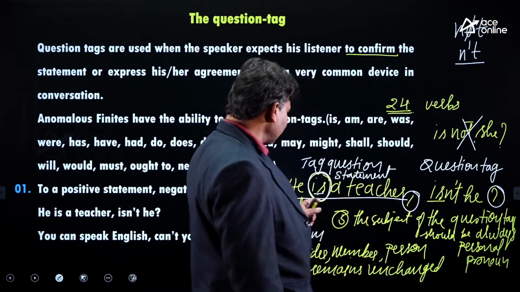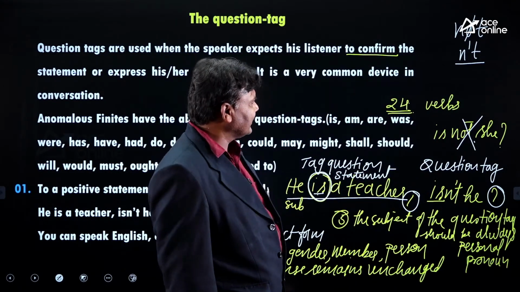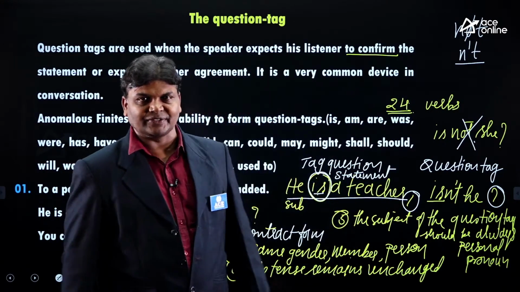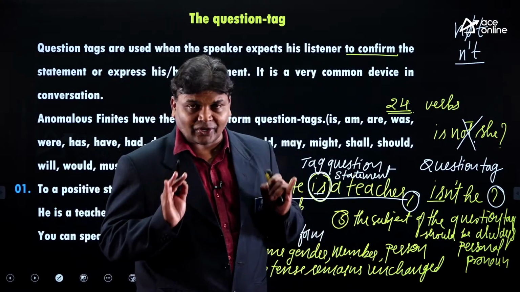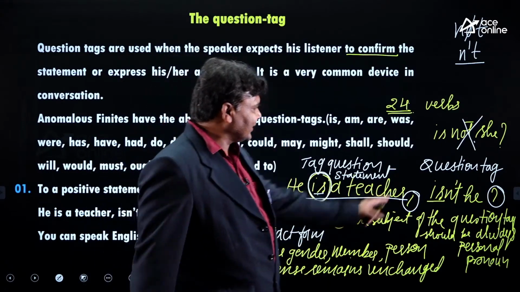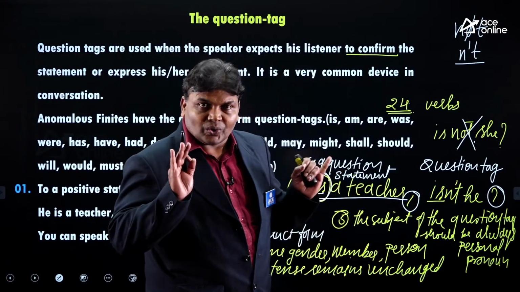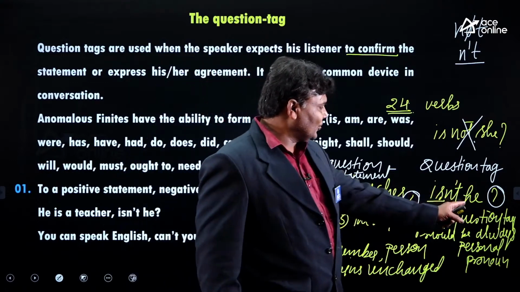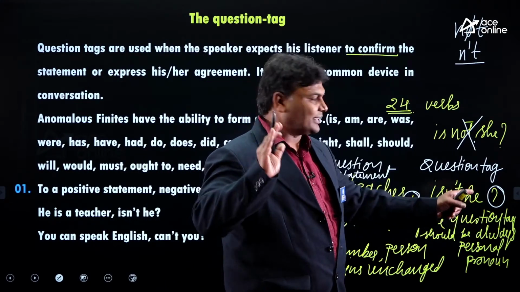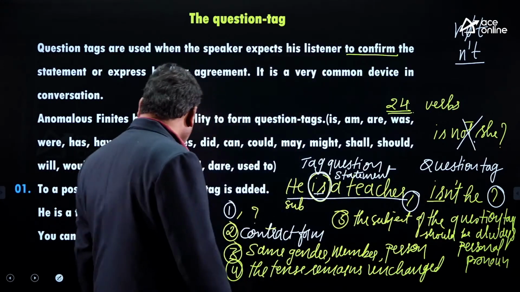Supposing I say Ravi is a boy, you cannot say isn't Ravi, please. No. You cannot think of using proper nouns in the question tags. Only personal pronouns, students.